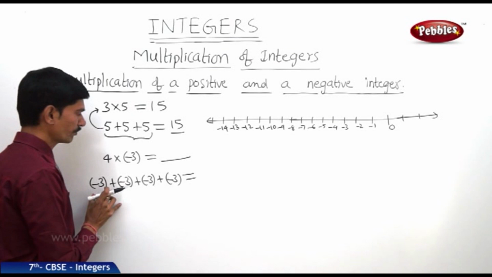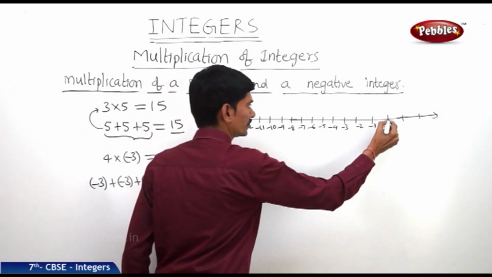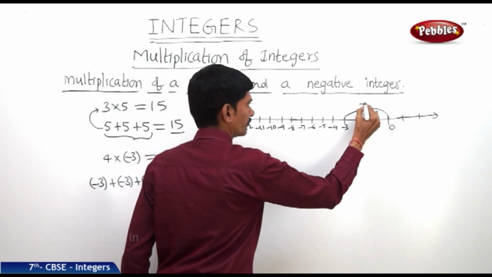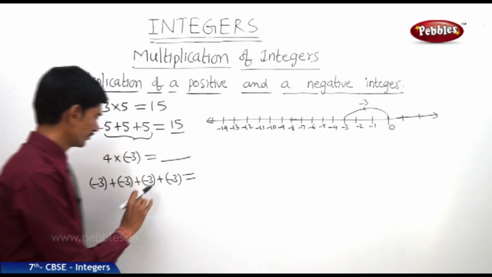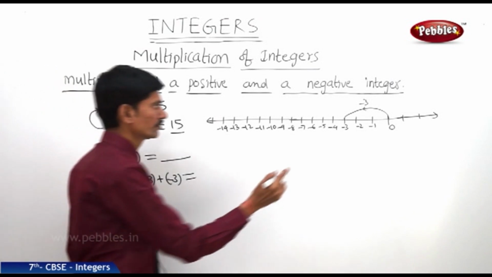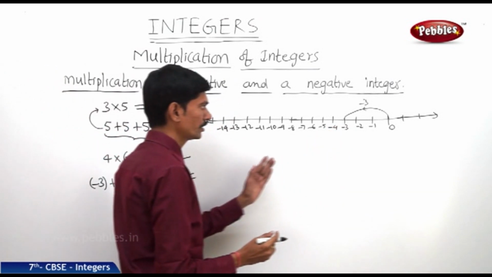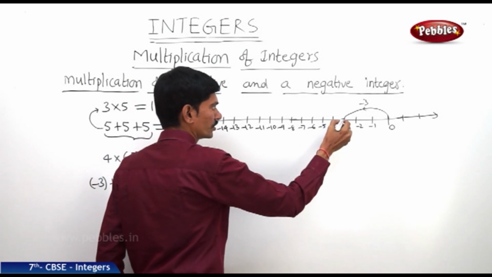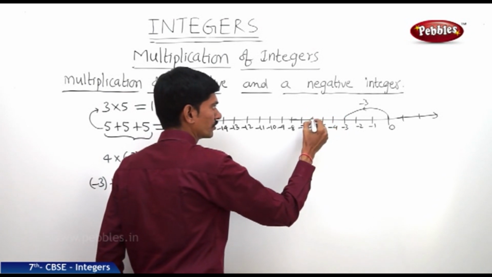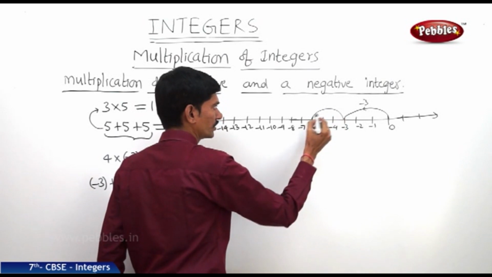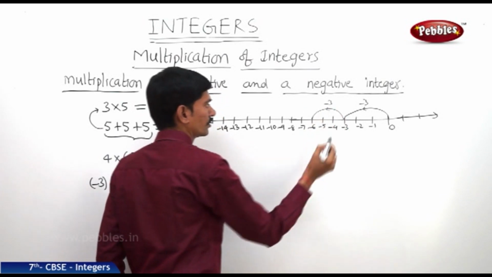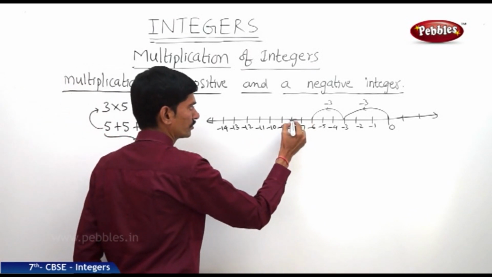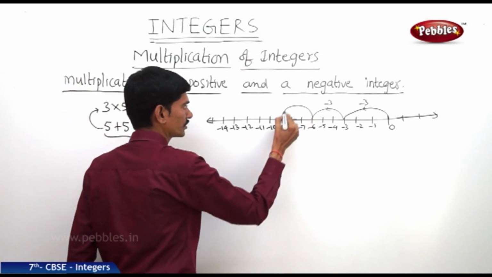Then first you will take -3, so 0 to -3. And again -3 is added. When you add a negative integer, we move left on the number line. So 1, 2, 3, we are reaching -6. Then again -3 is there. 1, 2, 3. Then we reach -9.